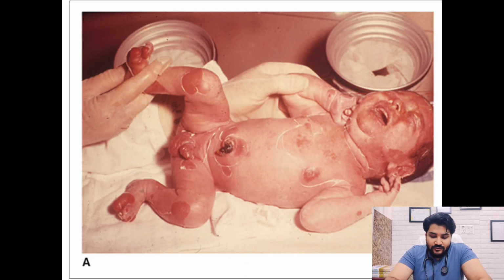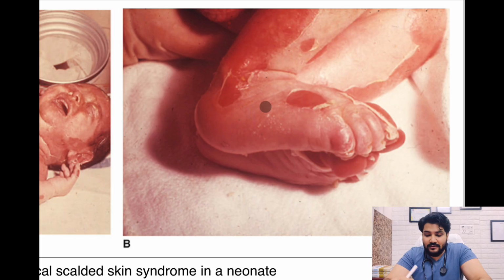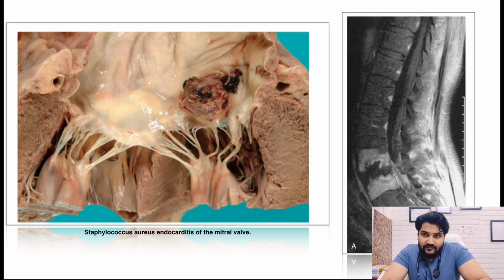This was asked in NEET 2018 and INICET 2021. They gave a picture of this neonate and asked for the diagnosis and the causative agent.